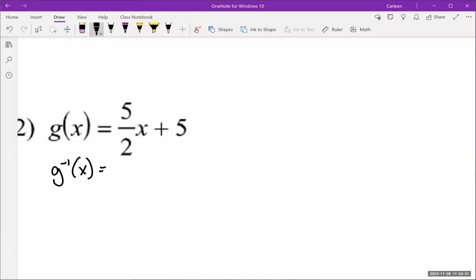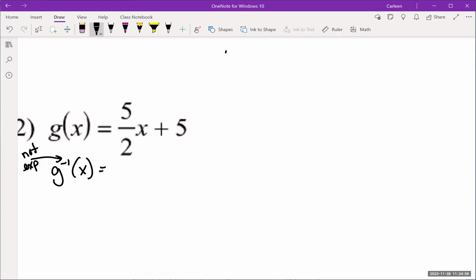There's going to be parentheses involved. It's going to be complicated. Notice that is not an exponent. When it's not on a variable, it's on the function name. When it's on the function name, it's not an exponent, it's inverse.